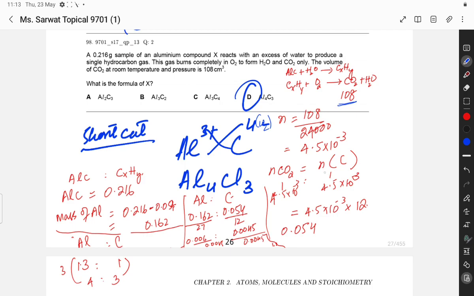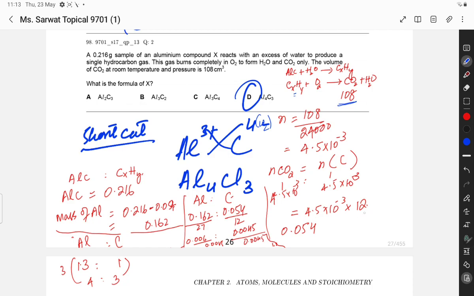So mole of carbon dioxide is equal to mole of carbon. We know that 0.0045 mole of carbon dioxide gives 0.0045 moles of carbon, by using the 1:1 ratio.